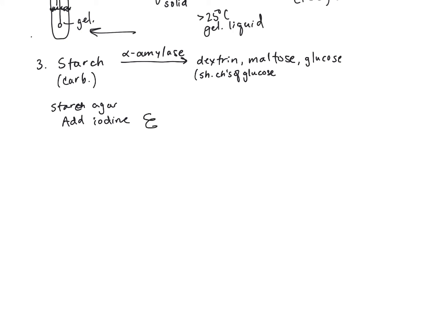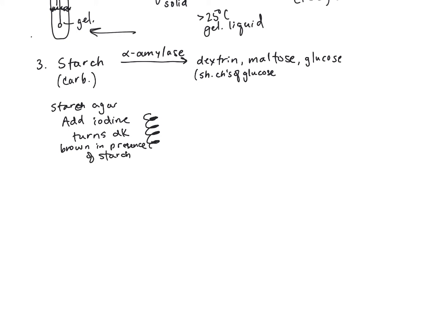Iodine actually will stick in those helices that an intact starch molecule has, and anywhere that there is starch, it will turn a really dark brown. So it turns dark brown in presence of starch.